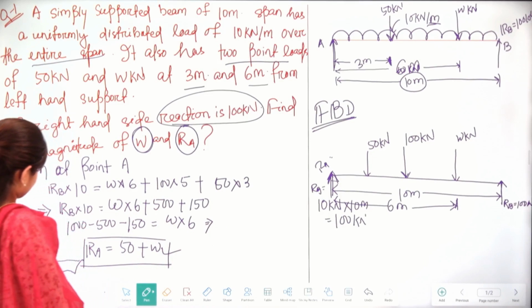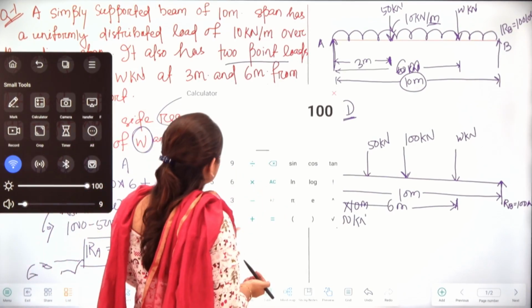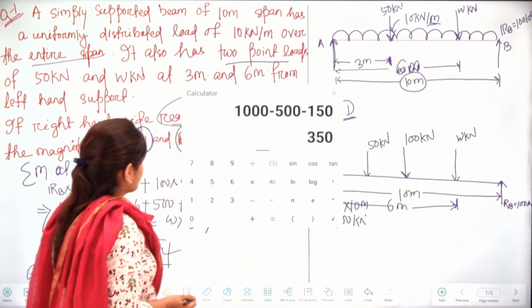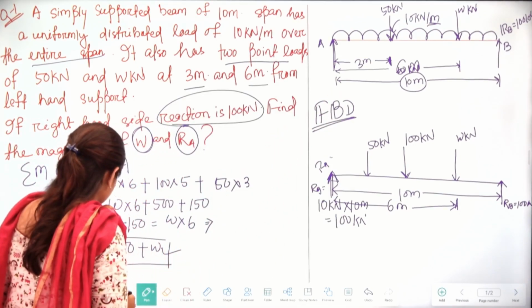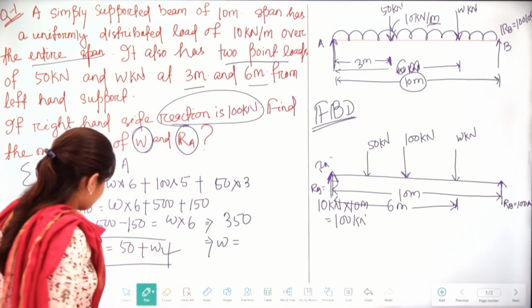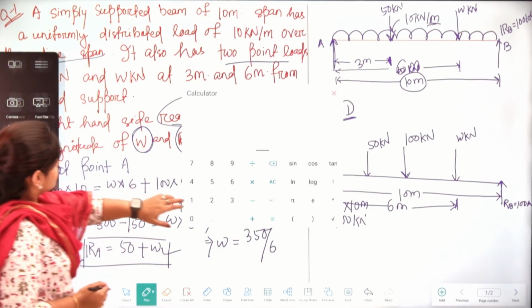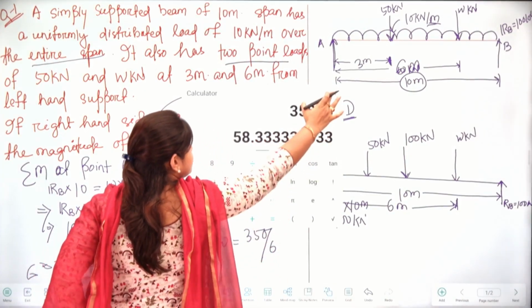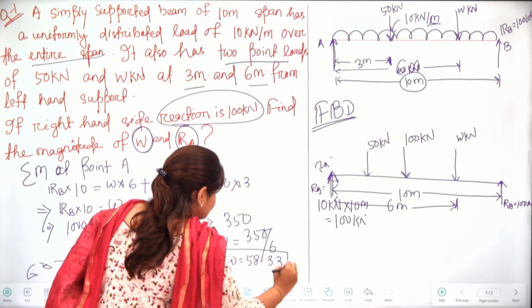So 350, so this W value will be 350 upon 6, that is 58.33. Here we have the W value that is 58.33.